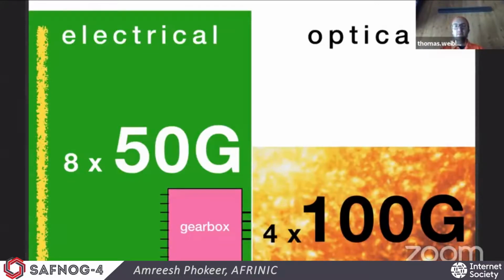But this time it's not directly connected to the optical components within that transceiver. No, an ASIC is placed inside that transceiver. It's called a gearbox, and what it does, it takes those 8 lanes and combines them to 4 lanes, and that drives an optical engine doing 4 times 100 gigabit. And this is quite important because you will see later on from the type of applications what we can get there.